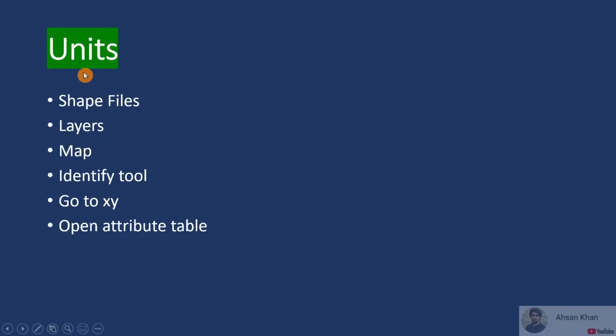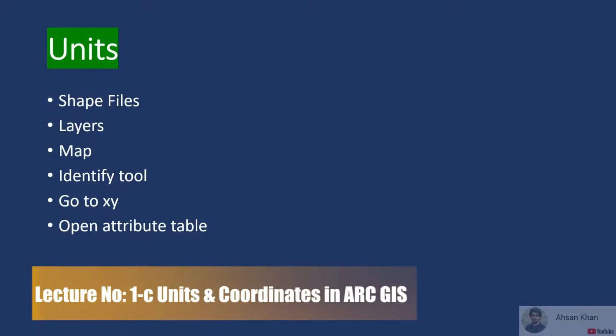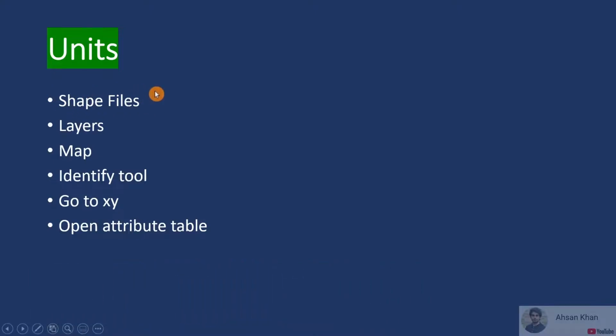For the units and coordinates, you can change or set up the units and coordinates from different places. If you are working with shapefiles, you can do the changes from there. If you're working with layers, you can do the changes from there. If you're working with the map, you can set up the coordinates and units there.